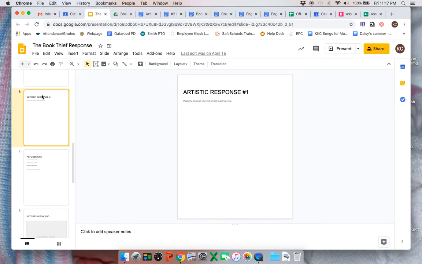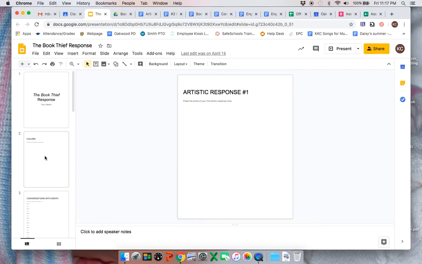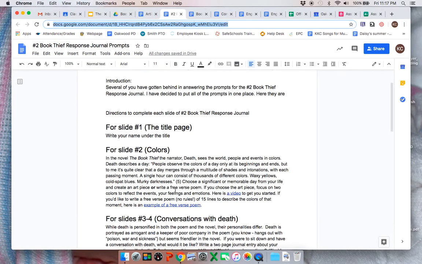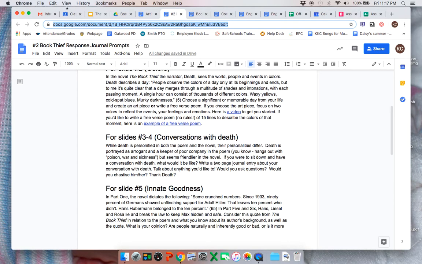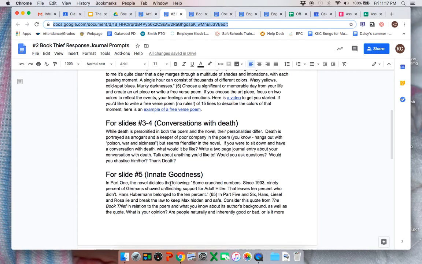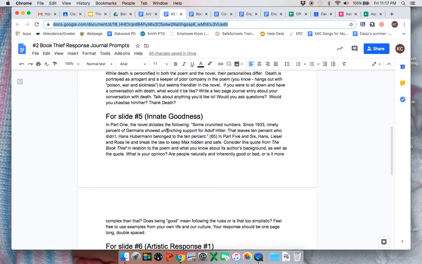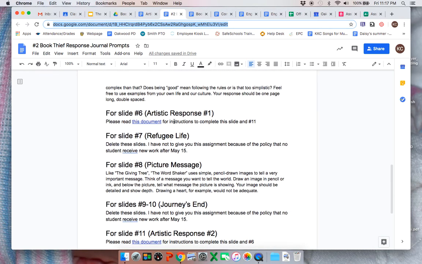So the colors one, what goes in the colors? If you look at this document, it tells you what goes in the colors right here. What about the conversation with Death? If you look at this document, it tells you what goes in the conversation with Death, and in the innate goodness one, and the artistic response.